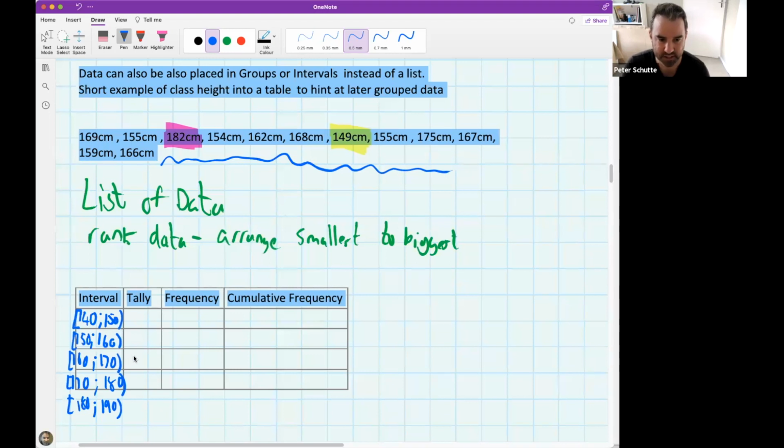169 is going to be in this interval, so I'm going to make 1 mark. 155 is going to be in that interval, make 1 mark. 182, that interval. 154, that one. 162, that one. 168, that one. 149, that one. 155, that one. 175, that one. 167, that one. 159.